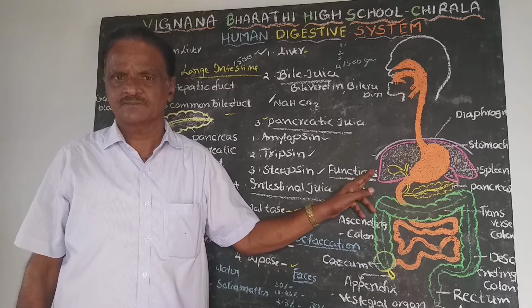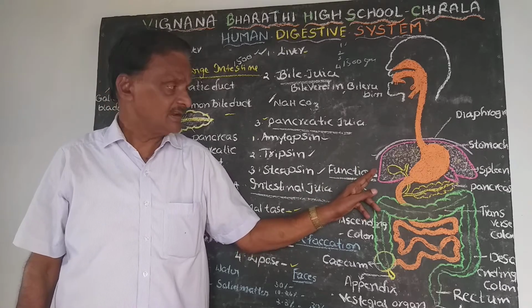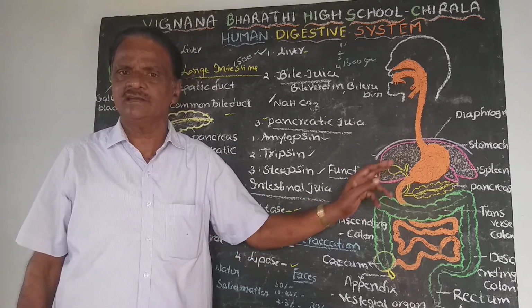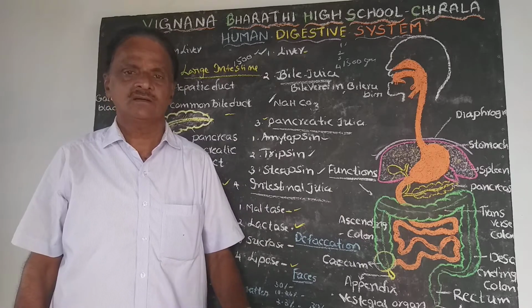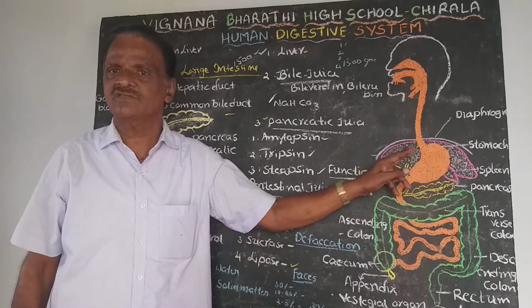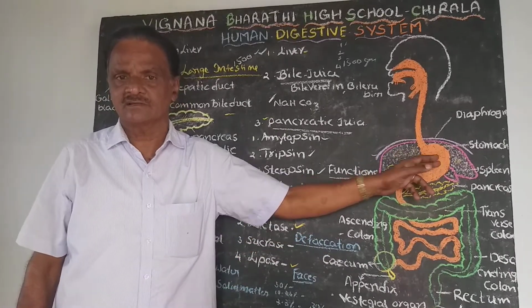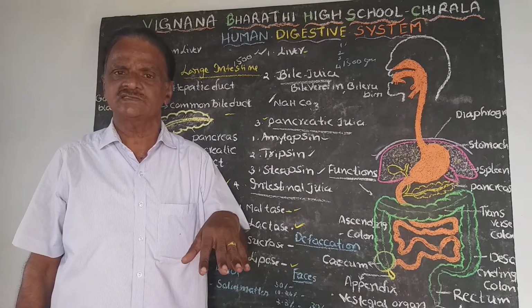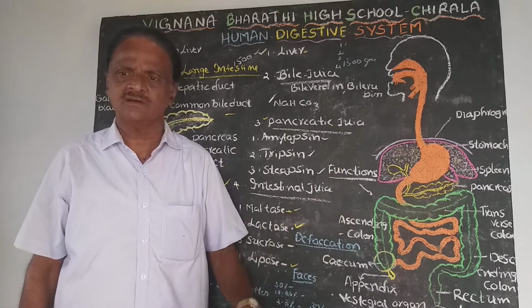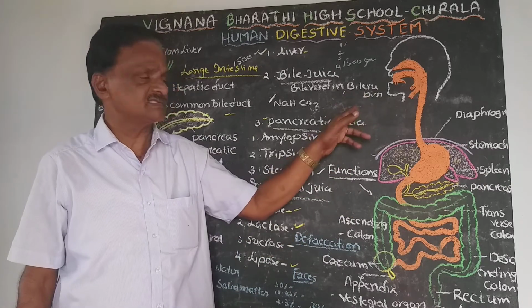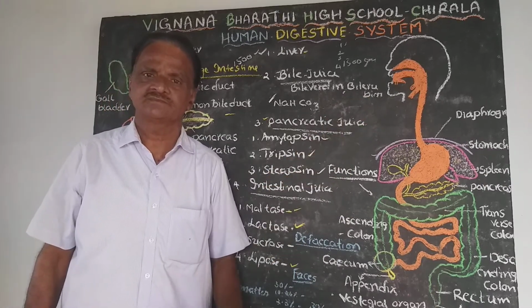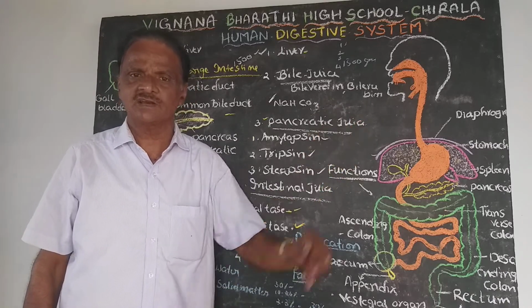It produces heat also. And the last point is detoxification. It detoxifies substances like drugs and alcohol. These are the 7 or 8 functions. This is the introduction of the liver.